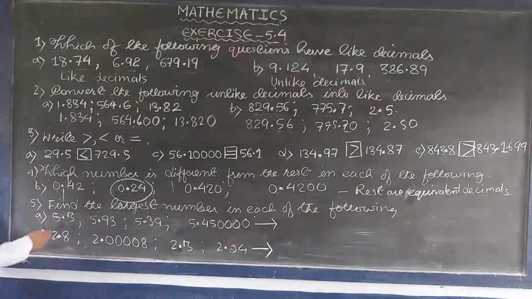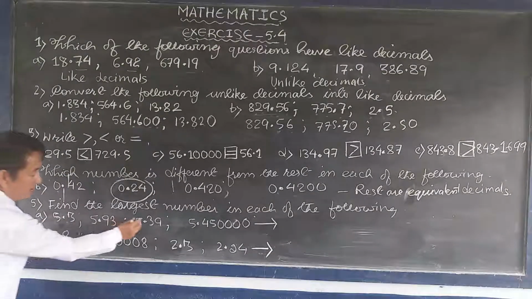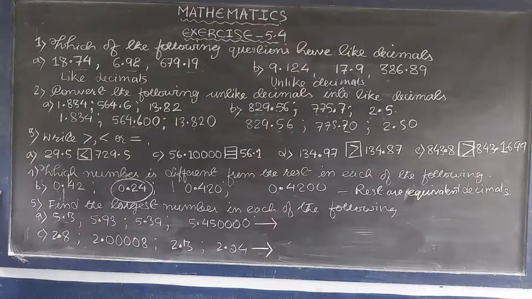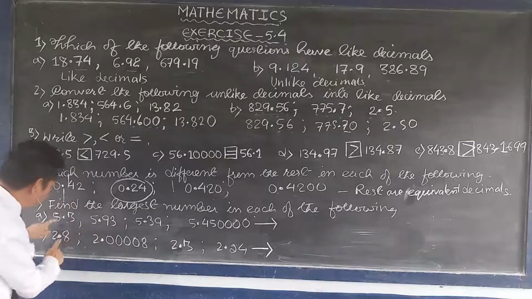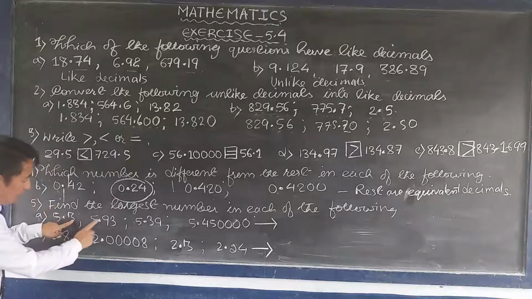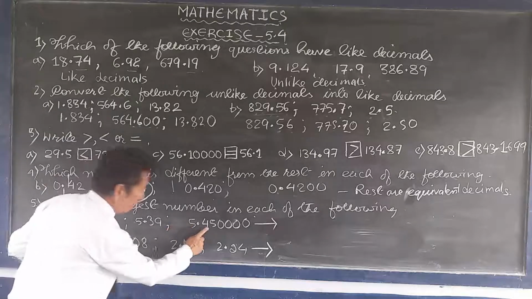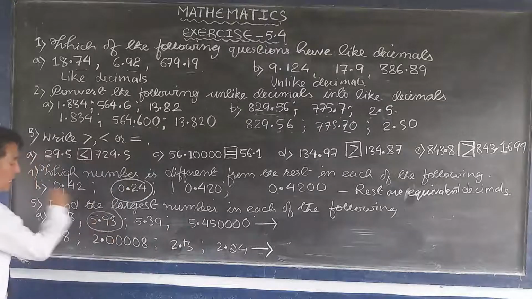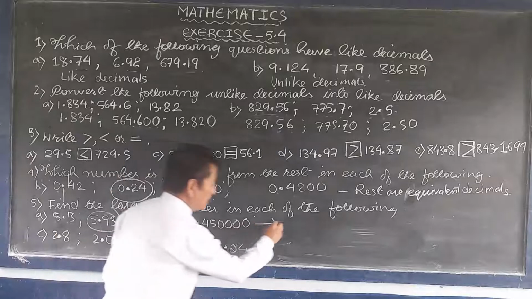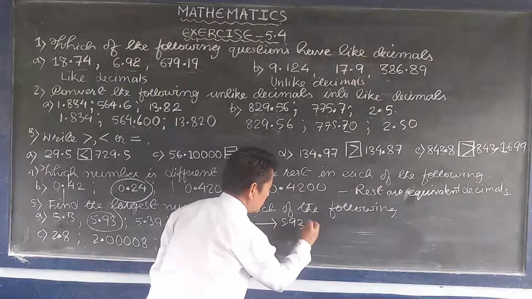Now here the whole number is the same, 5. So if the whole numbers are the same, we compare the first digit after the decimal point. Here 3, here 9, here 3, here 4. So 5.93 is the largest number.